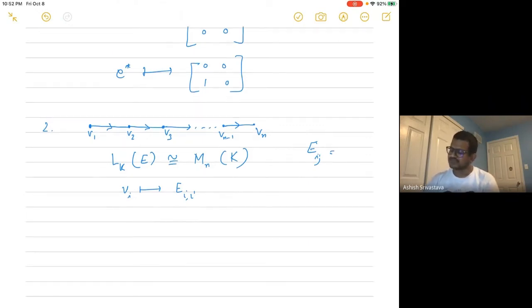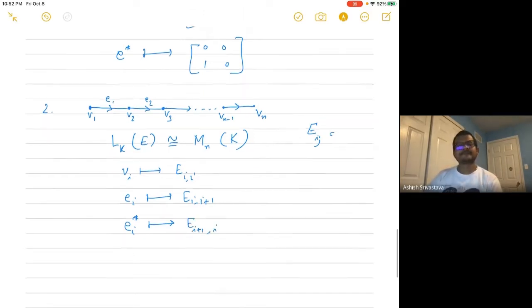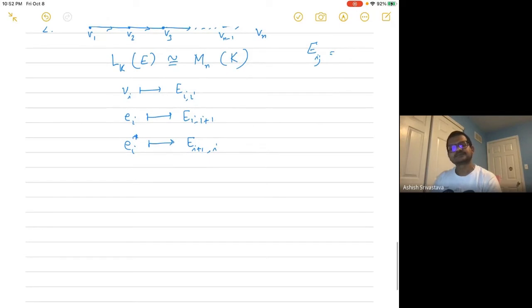So let's map V sub i to E_ii, and suppose this is e1, this is e2, and so on. So I can map e_i to E_i,i+1, and the ghost edges e_i star to E_i+1,i. Clear to everyone? Please ask questions if it's not clear.